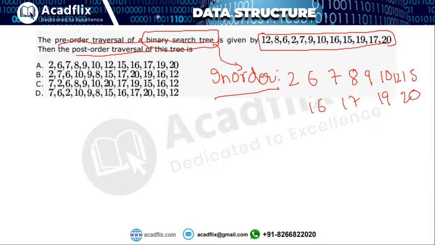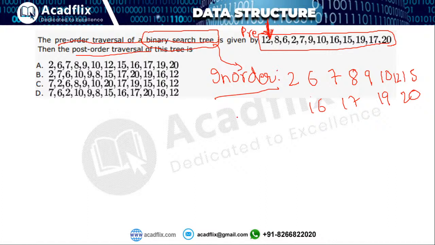Now we have a pre-order traversal and we also have an in-order traversal. So we can go ahead and construct our binary search tree, and the procedure is the same as in binary trees: we process all these elements one by one. First we process 12.